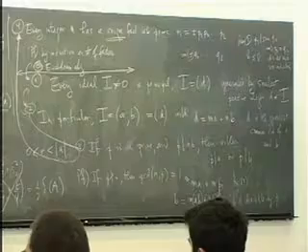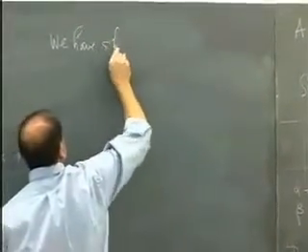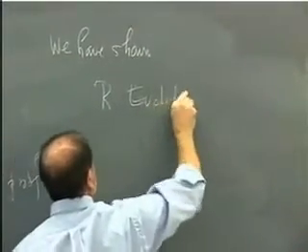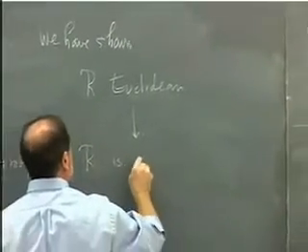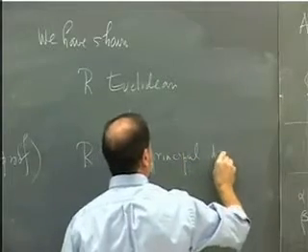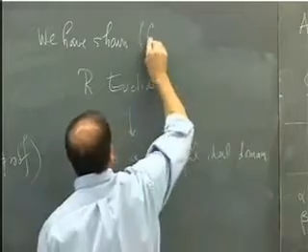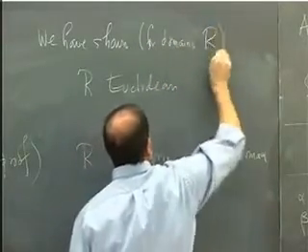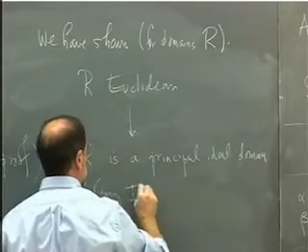So we've shown the property R is Euclidean implies the property that R is what's called a principal ideal domain, which means every ideal is principal, for domains R. Principal ideal domain, every I is principal.